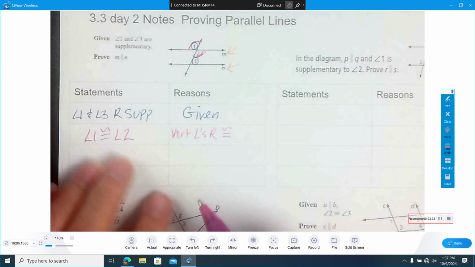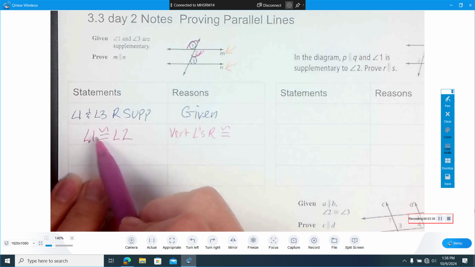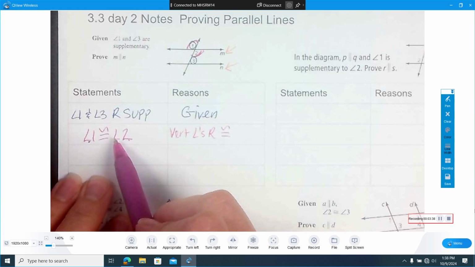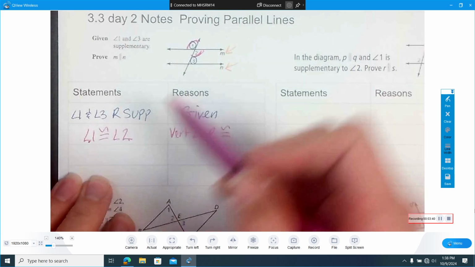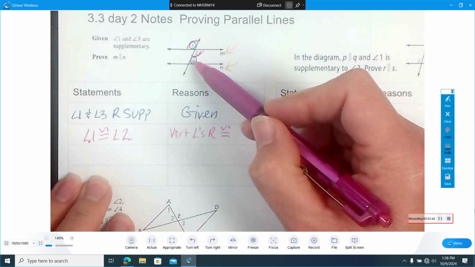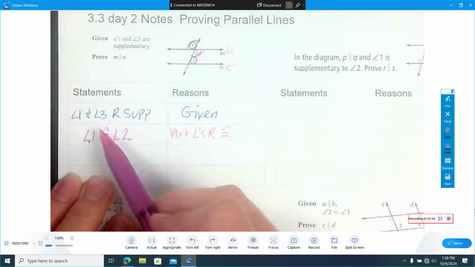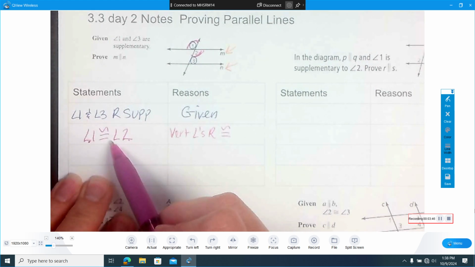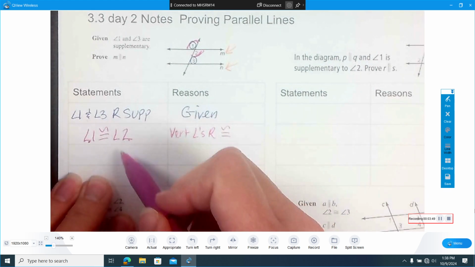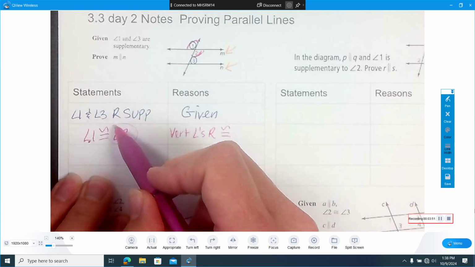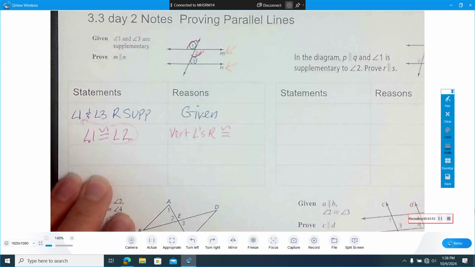All right, now, if 1 and 2 are congruent to each other, I would really, as you guys said, it'd be nice to show that 2 and 3 are supplementary. If these are the same, do you think I can, like, pop it in?